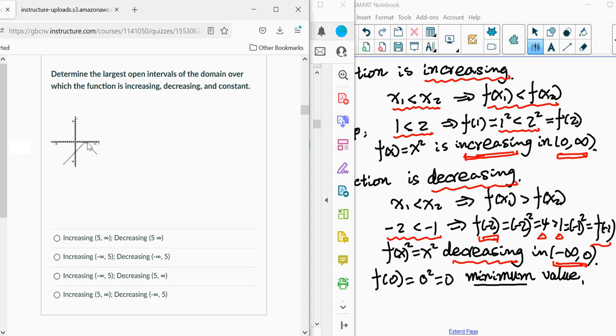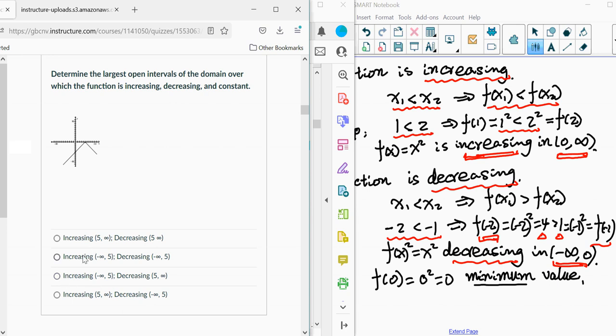So in this case, we say function is increasing. This point is x value equals 5. So from negative infinity is this trend going up. It's like climbing a mountain, going up. So then from negative infinity goes to 5 is increasing.